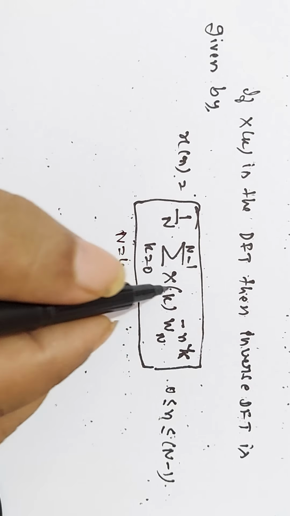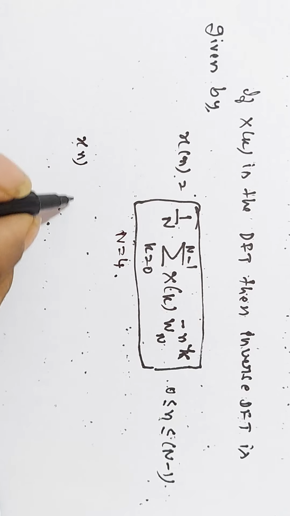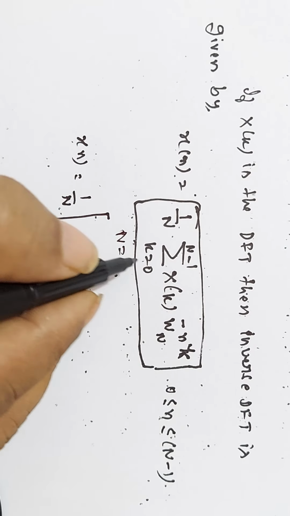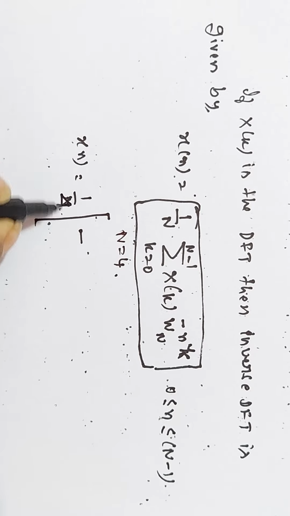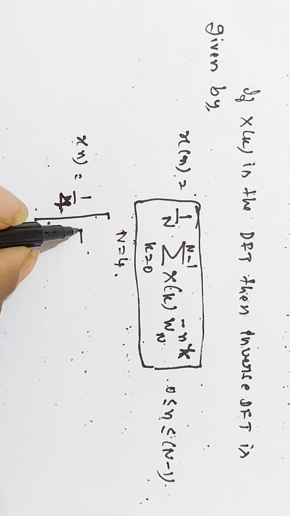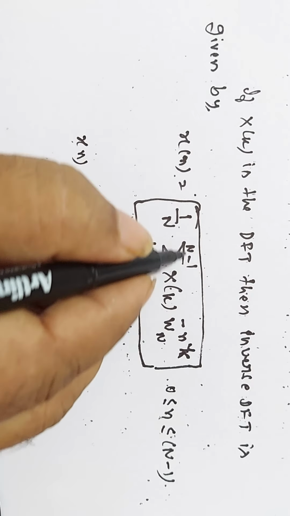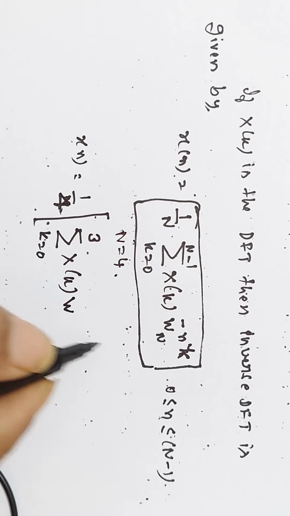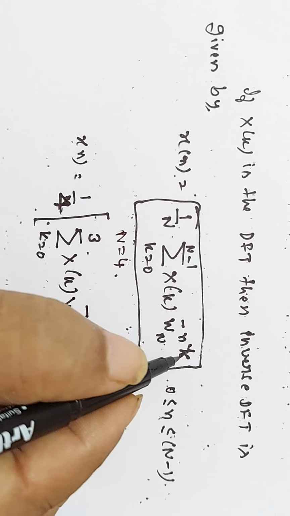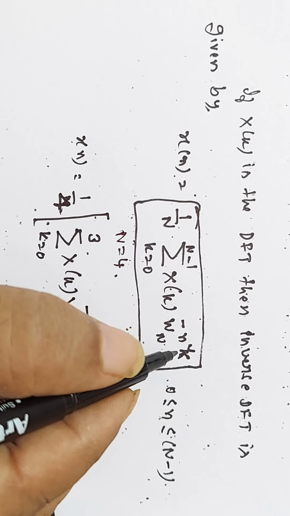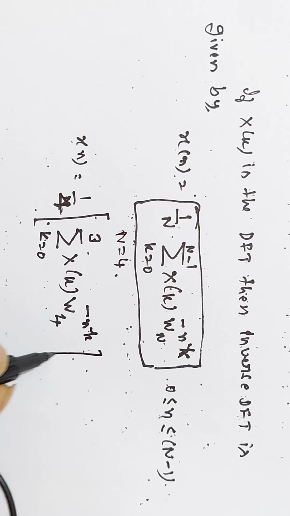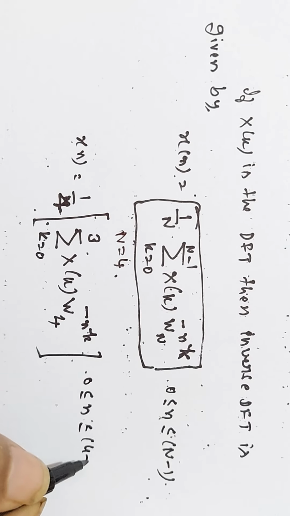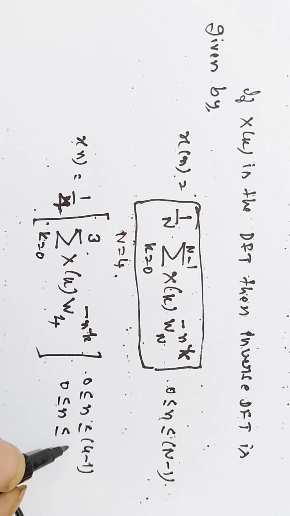Putting N equals 4 in this equation, you get x of n is equal to 1 by 4, because there are 4 samples, times the sum over k equals 0 to 4 minus 1, which is 3, of X of k, W_4 to the power of minus nk, where small n can have values 0 less than or equal to n less than or equal to 3.